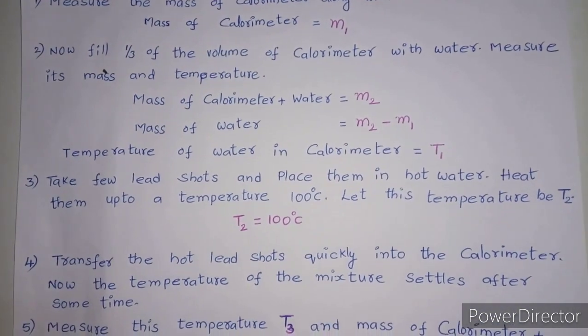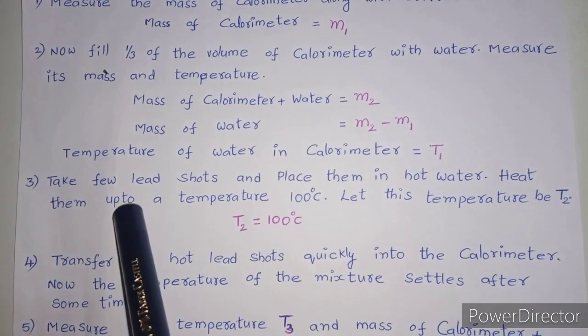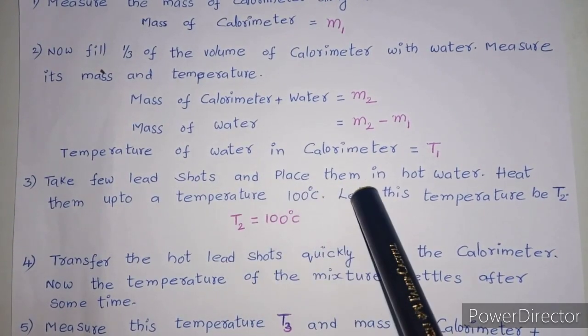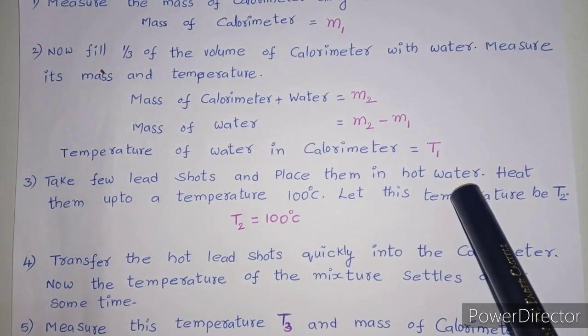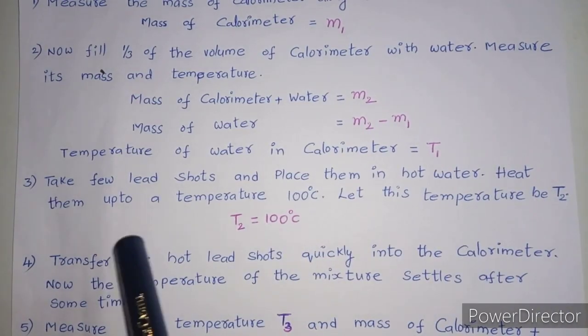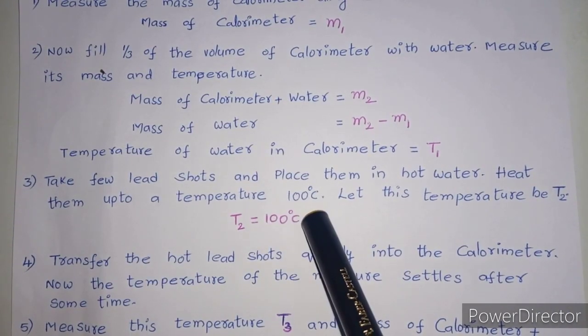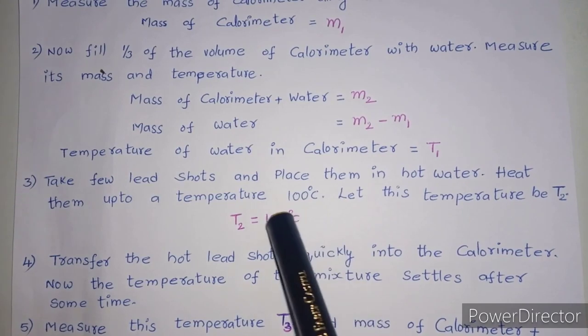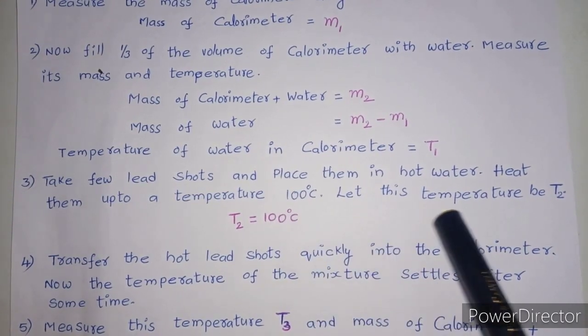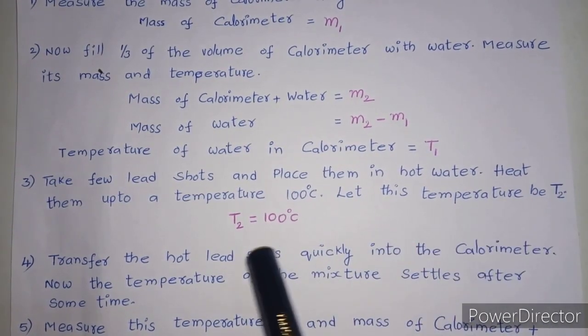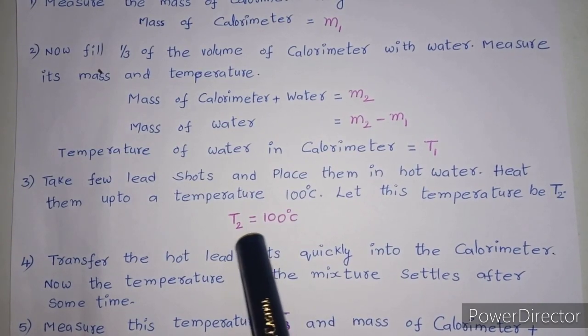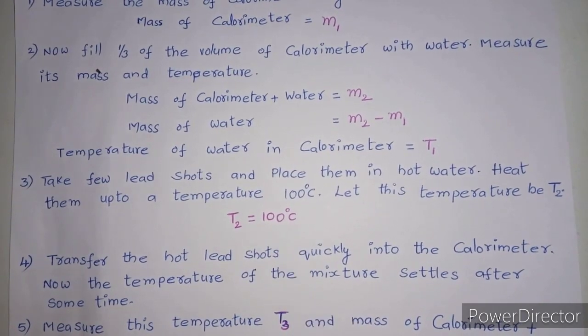Now let us take a few lead shots, place them in hot water and heat them up to a temperature of 100 degrees centigrade. Let this 100 degrees centigrade temperature be T2. So T2 is 100 degrees centigrade here.